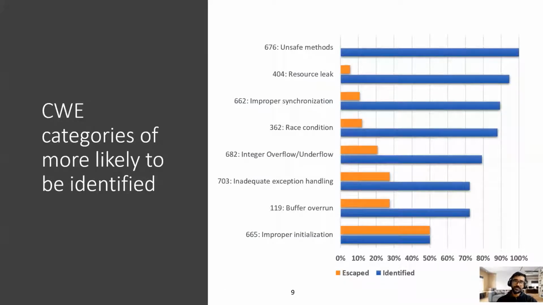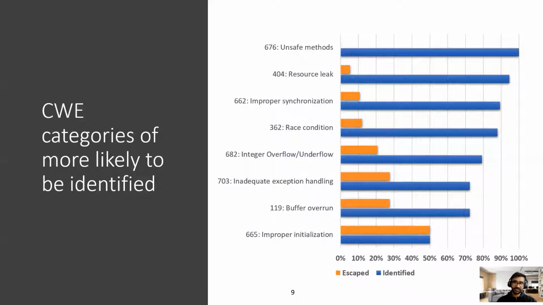We find that security defects related to the use of potentially unsafe methods, memory or resource leak, improper synchronization of multi-threaded applications, and race condition have a very high probability of being identified during code reviews.